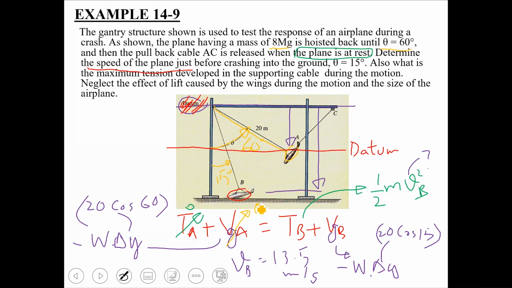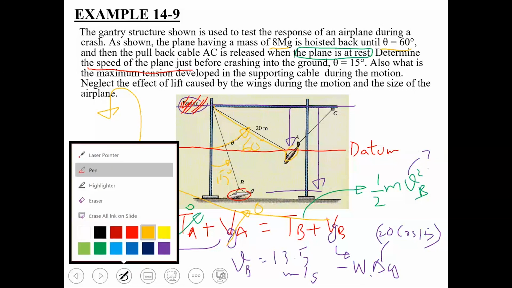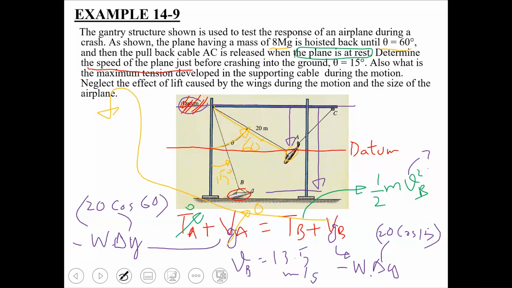Now coming to this term which is VGB, gravitational potential at position B. Since position B lies below position A, which was your datum, the gravitational potential at B is going to be minus W times delta Y, but now delta Y is going to be this distance between position A and position B. Can you identify this delta Y from the geometry which is given to you?